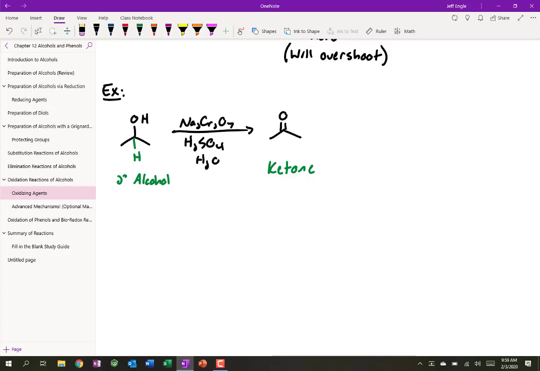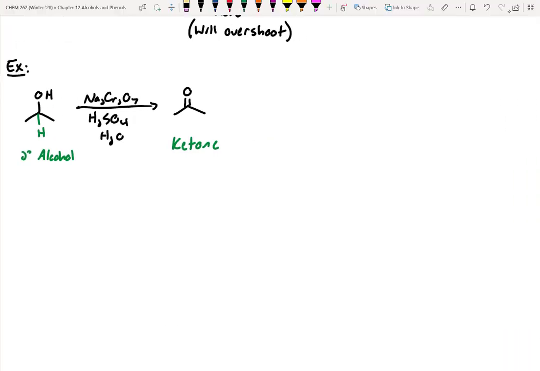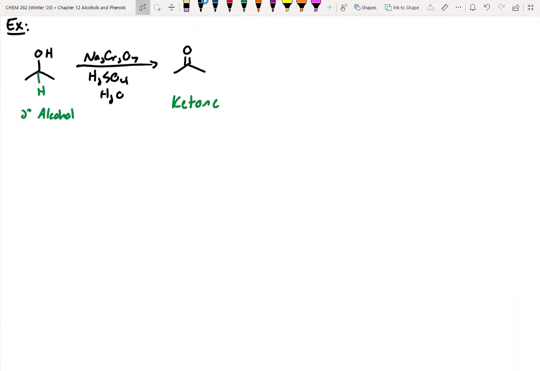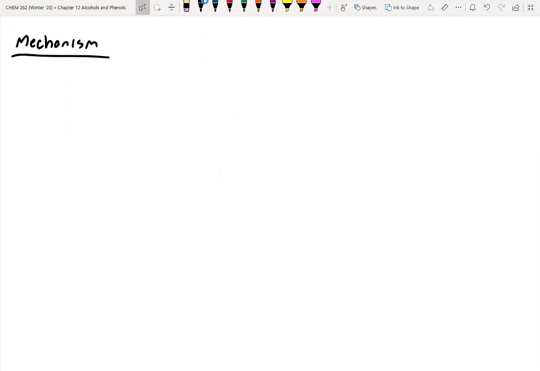All right, so let's look at this mechanism in a bit more detail, although the book is kind of vague with it, so I'll stick with the book's explanation. This is often referred to as the Jones reaction. So let's take the example using a secondary alcohol like this, and I'll just show the hydrogen right there for clarity's sake.